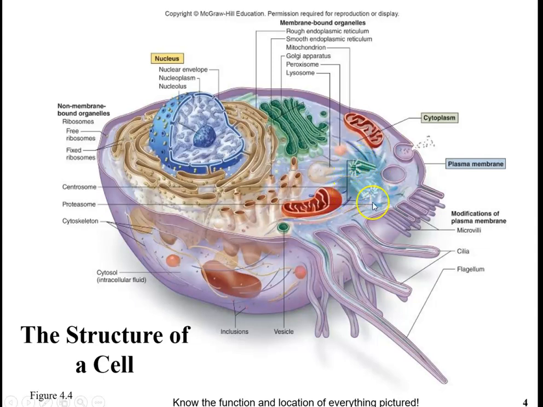And it contains organelles like the proteasome, ribosomes, lysosome, peroxisomes, mitochondria. And then going further in, you've got the Golgi apparatus. You have the smooth endoplasmic reticulum, the rough endoplasmic reticulum surrounding the nucleus, and here's the nucleus with a nucleolus inside of it. And we'll talk in detail about what each of these structures do.